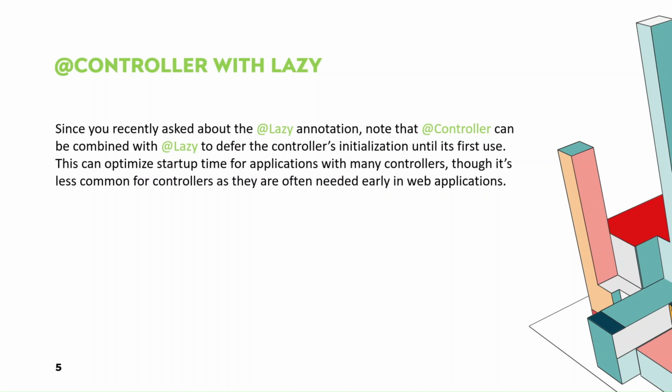For that, we can use the lazy annotation. If you put the lazy annotation on top of a class that already has the controller annotation, whenever Spring starts, it's not going to create beans or objects for that class or controller. It is going to create beans or objects when we access the bean.